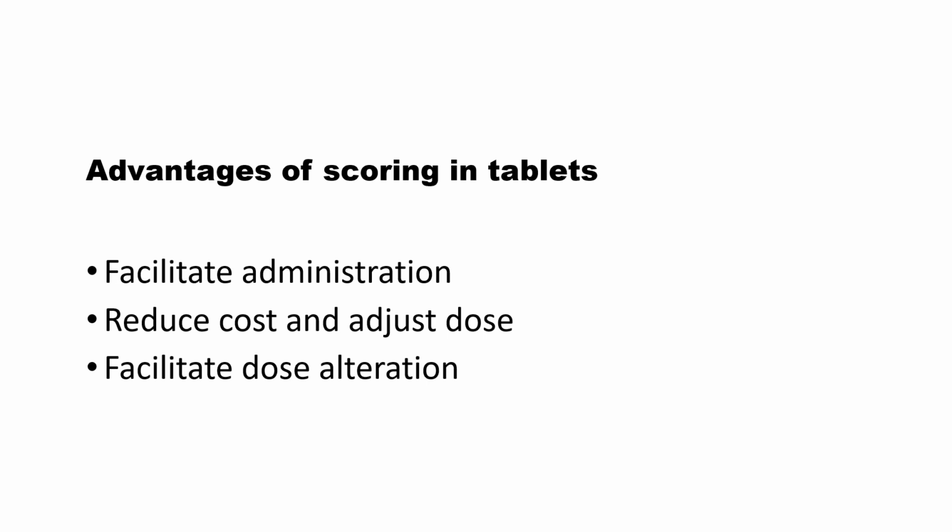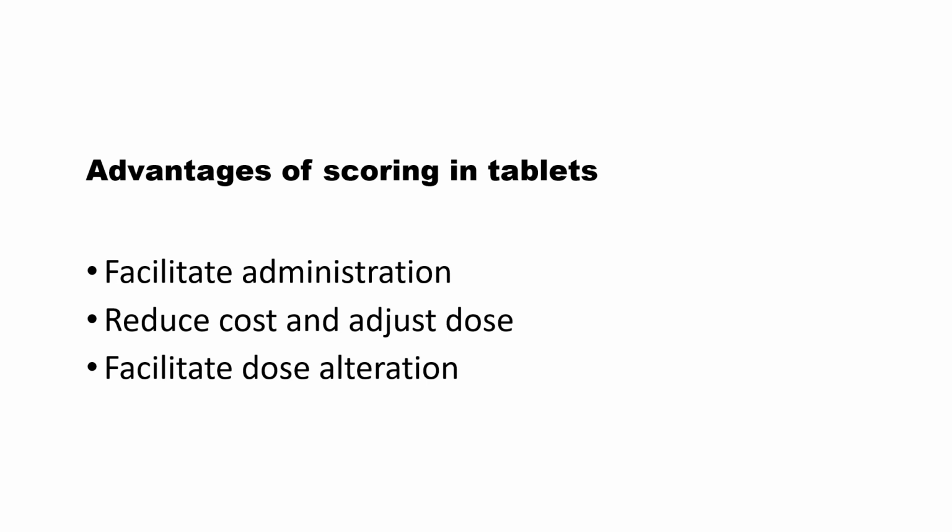Dose titration refers to starting a medication at a lower dose and slowly increasing the dose to a target level. So tablet splitting provides proper dosage in cases where slow dose titration and dose tapering are necessary, particularly with medicines that act on the central nervous system.